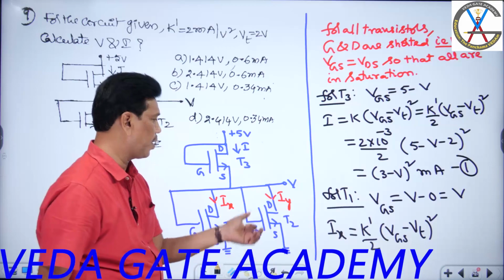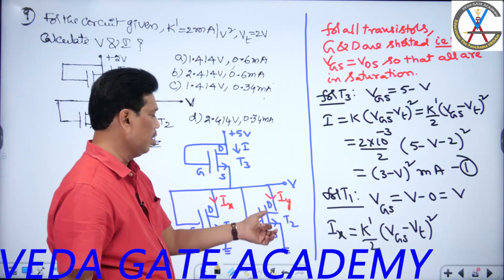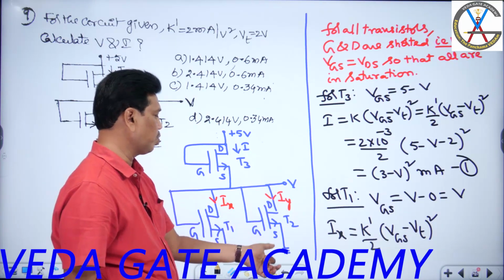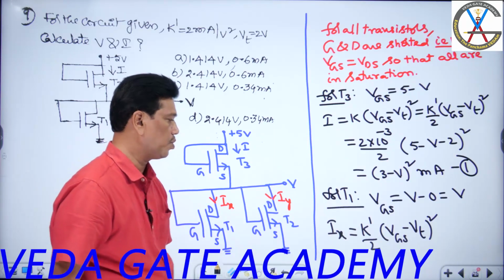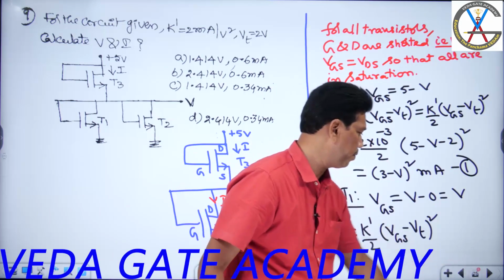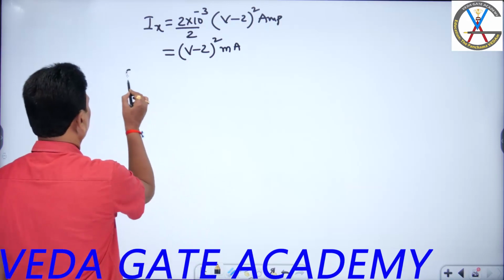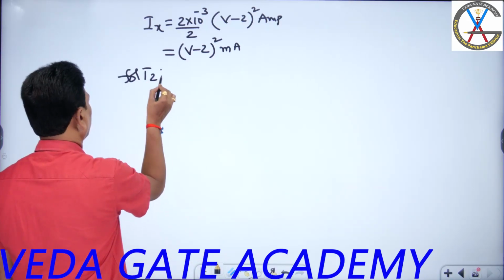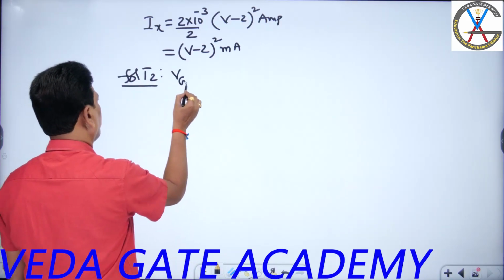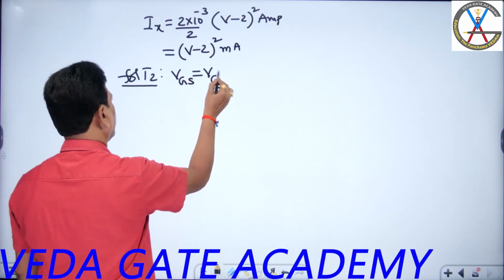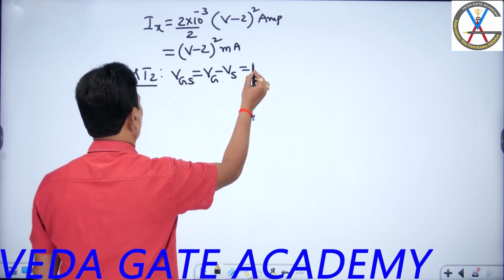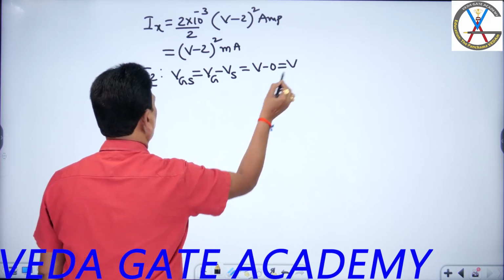I can come back for T2 now, sir. So for T2 also, what is that gate to source voltage, sir? That again becomes V minus 0. That is also same. For T2 now, again VGS equal to VG minus VS. For that also same, VG equal to V, source potential 0, that equal to V volt again.